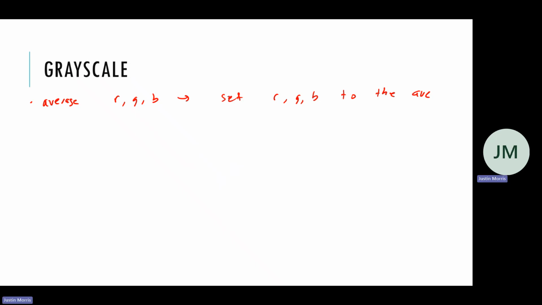It's just faster. So for loops are not as optimized in MATLAB, but the array indexing is. So if you can use array indexing, you should use array indexing. Okay, so the grayscale is straightforward.